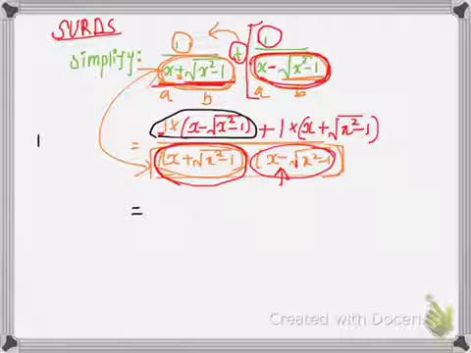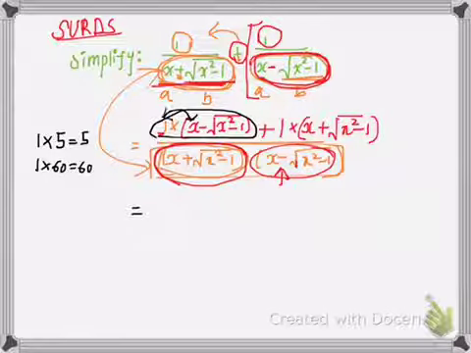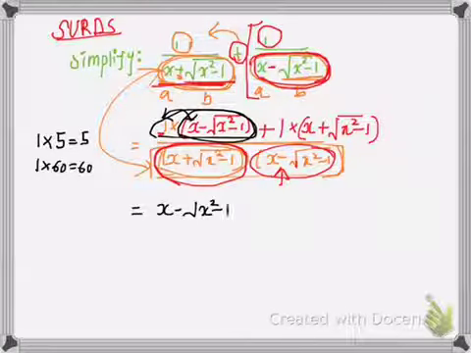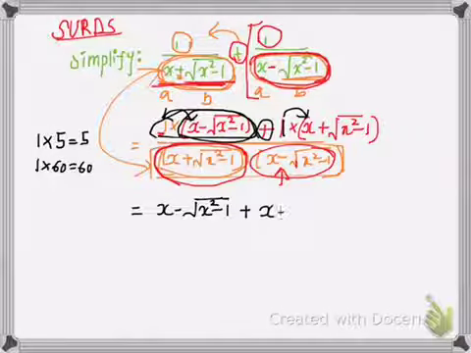As we multiply any number, let's say 5 with 1, we get the same number, which is 5. 1 times 60 gives 60. So if we multiply any number with 1, we get the same number. So we get here x minus root under x squared minus 1. The positive sign remains the same, and once again 1 times x plus root under x squared minus 1 gives x plus root under x squared minus 1.